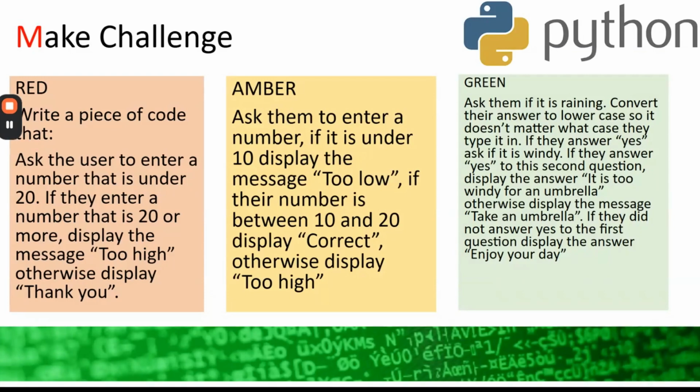It doesn't matter what they type in, so you ask them if it's raining. If they said yes, it asks them a second time, is it windy? So if they said yes to raining and yes to the wind, you say it's too windy for an umbrella. If they say yes to raining and no to the wind, say take an umbrella. And if they say no to the fact it's raining, then say enjoy your day. See if you can get whichever one of those you fancy to work.